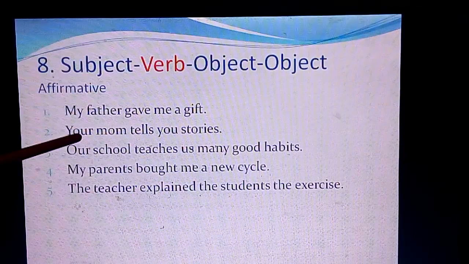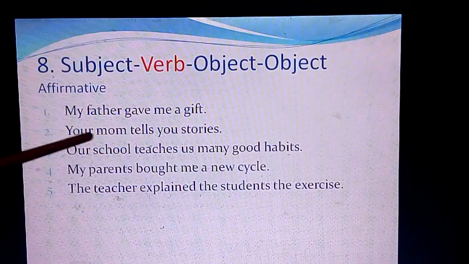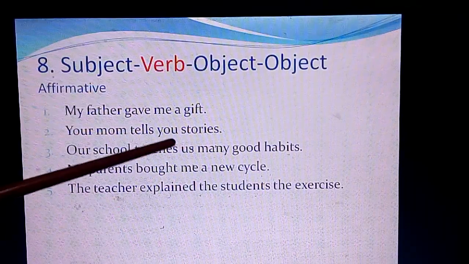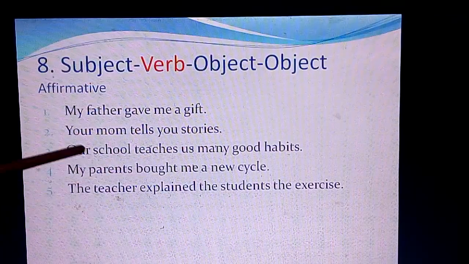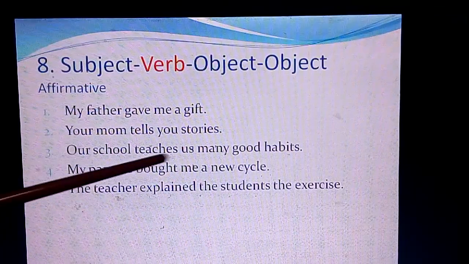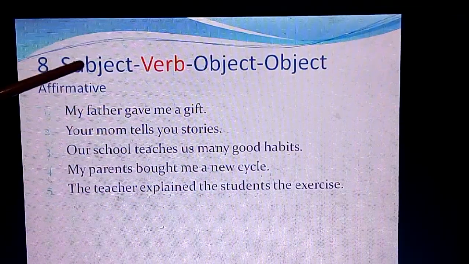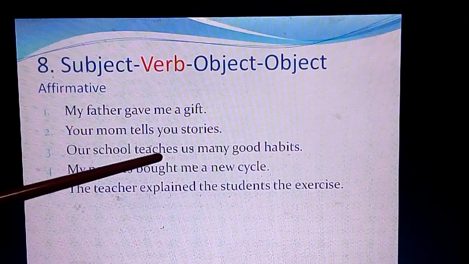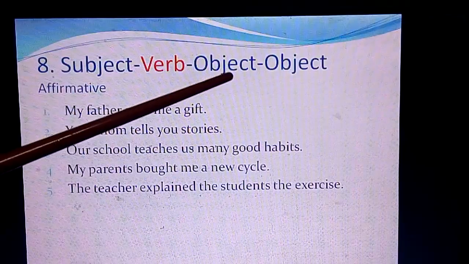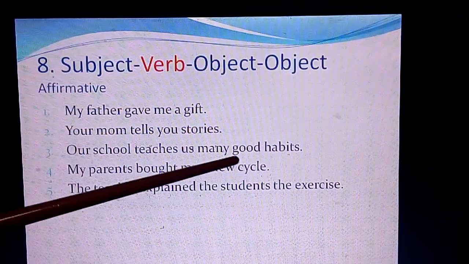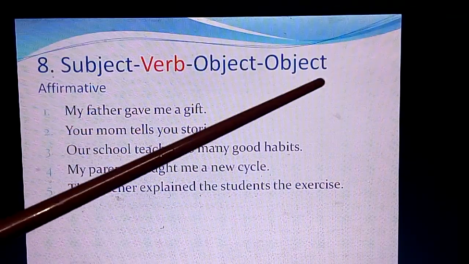So your mom tells you stories. Your mom, subject, tells, verb, you, first object, and stories, second object. Okay, so our school teaches us many good habits. Our school, subject, teaches, verb, and us, object, first, and many good habits, second object.